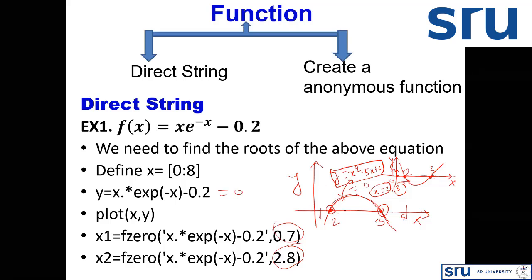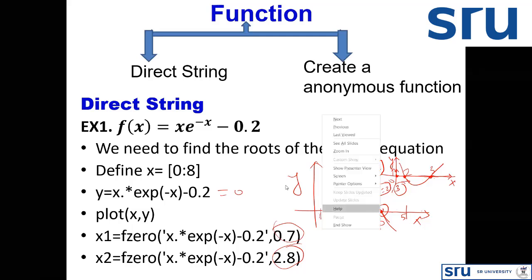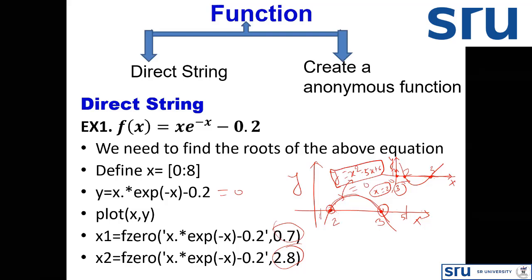So you have plotted the graph and now you have to take the initial guess, because 2 and 3 are the exact roots, but you do not know the roots of the equation. You are finding out the roots of the equation, so you have to take the initial guess before and after the cutting point. You do not know exactly at what point the y curve is meeting.